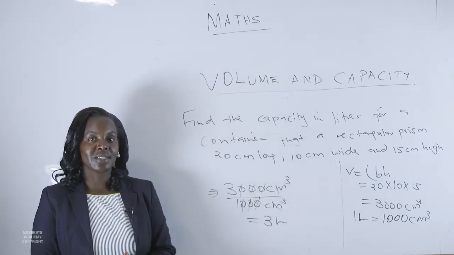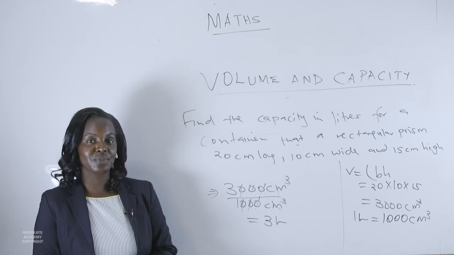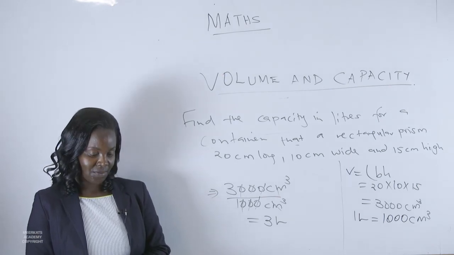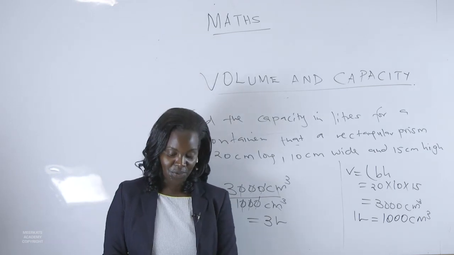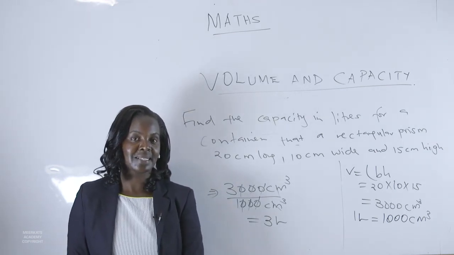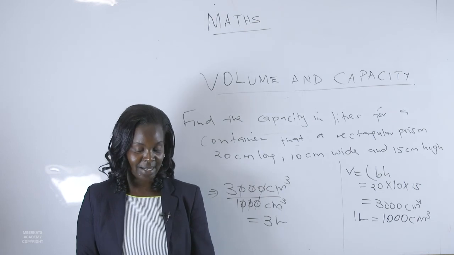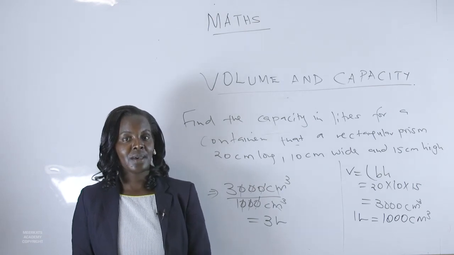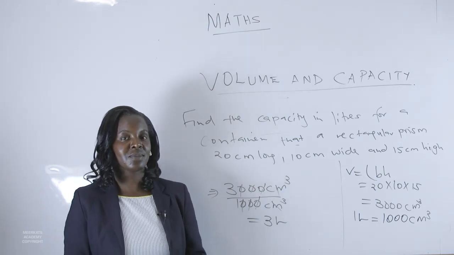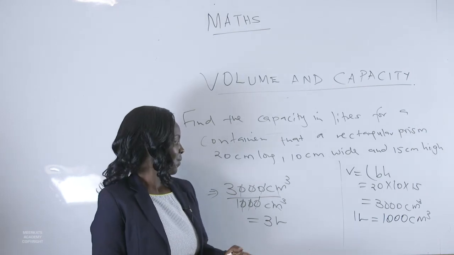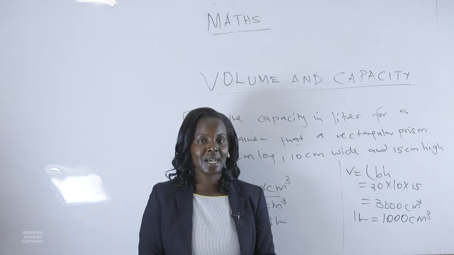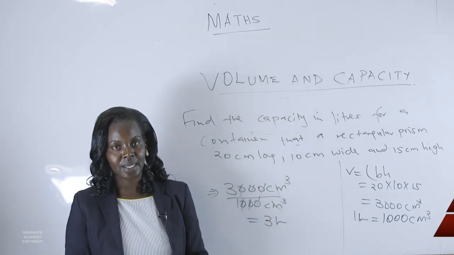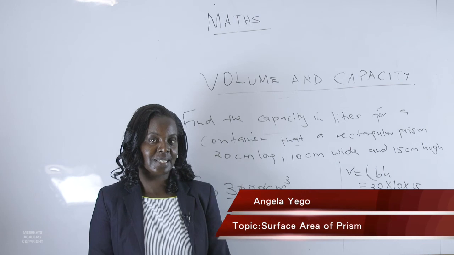We have also looked at finding the volume and capacity. To find the volume of a cube, you multiply the side by itself 3 times, that is s cubed. And to find the volume of a rectangular prism, we use the formula length times base times the height. And that marks the end of our lesson. Thank you.